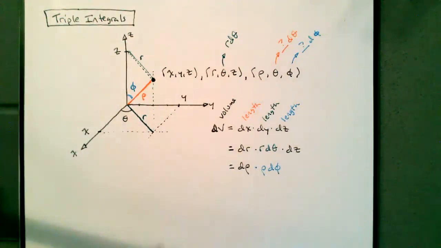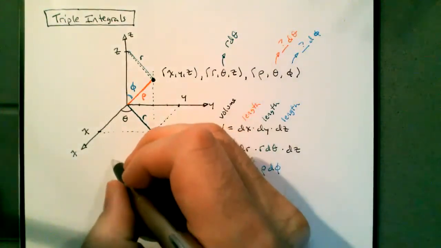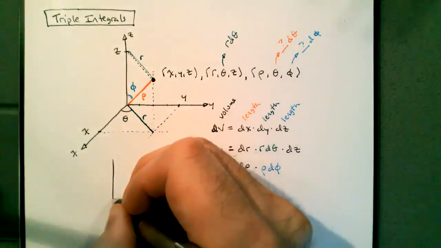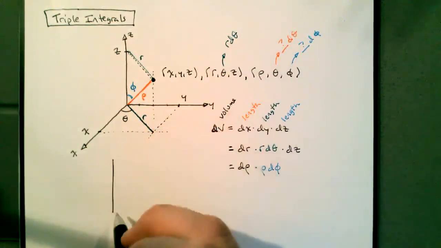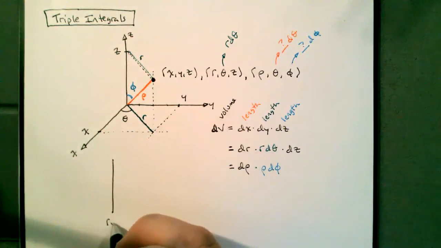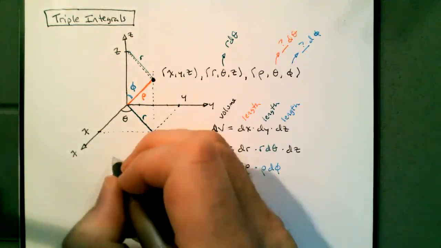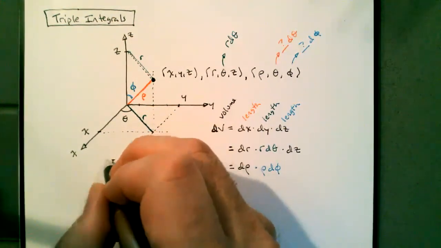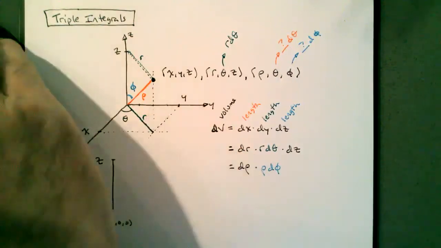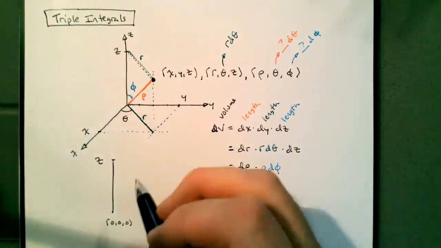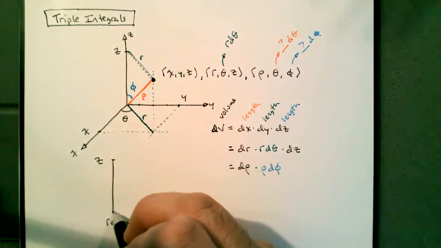So let's pull out that right triangle. Here is the origin down at the bottom. Up here at the top is z. Rho is going to be the hypotenuse.